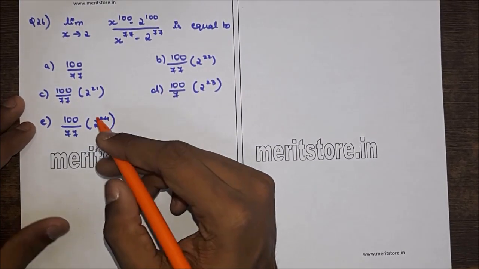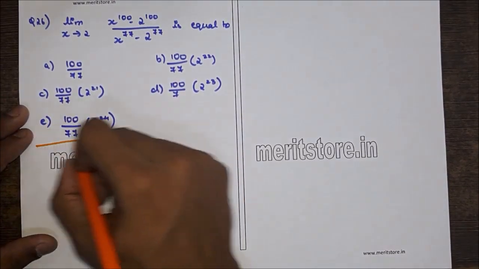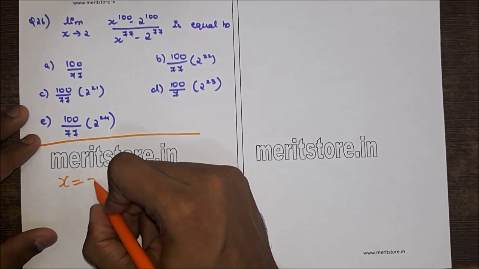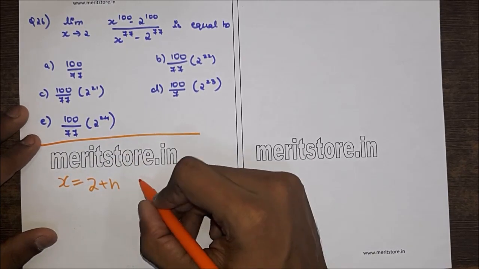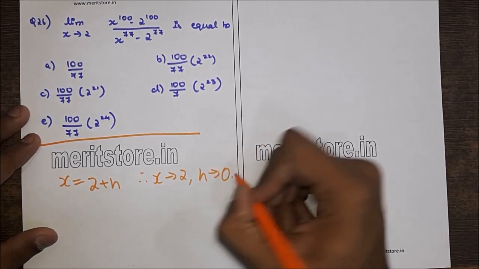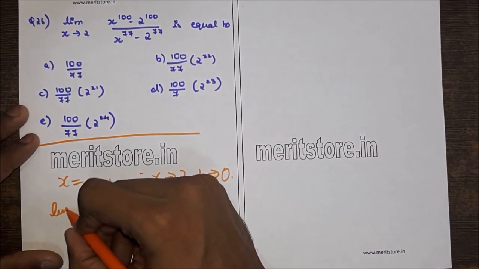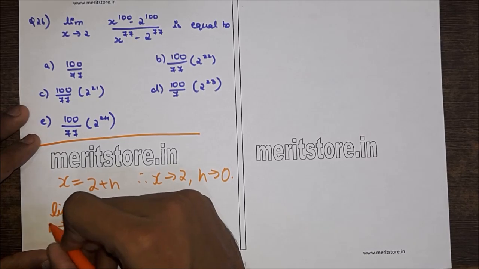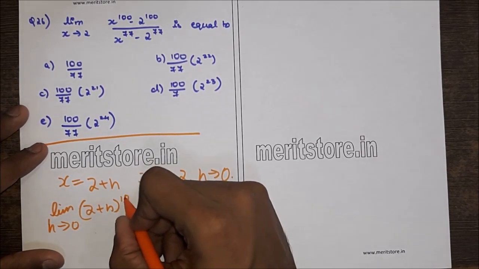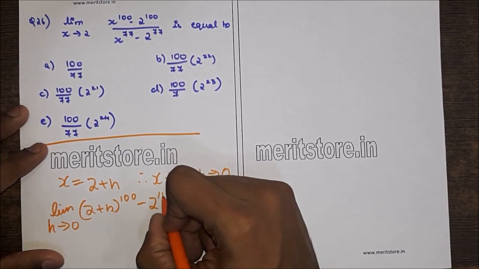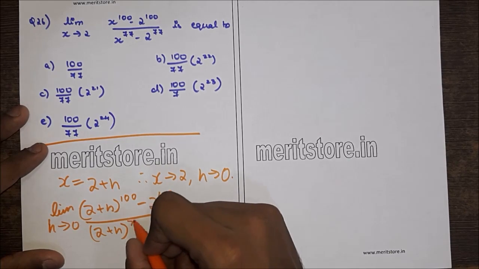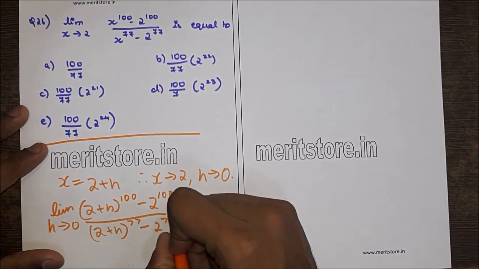So we could write this by first writing x as 2 plus h. So x tends to 2 when h tends to 0. Now it is easier to solve when we have h tends to 0 of ((2 + h)^100 − 2^100) upon ((2 + h)^77 − 2^77).